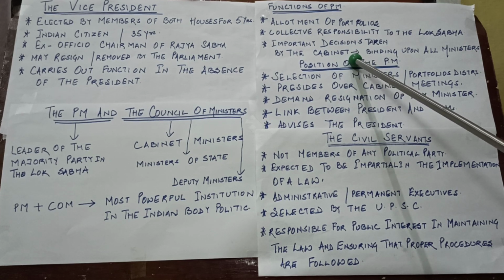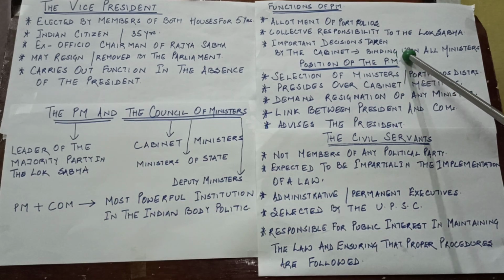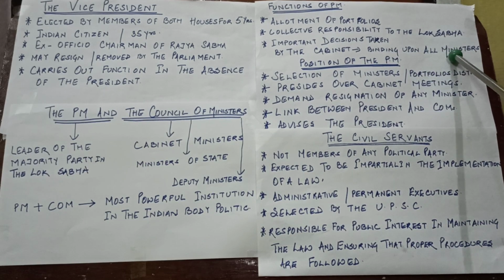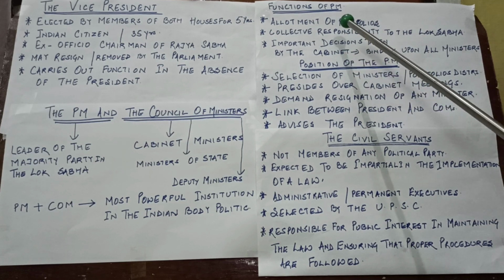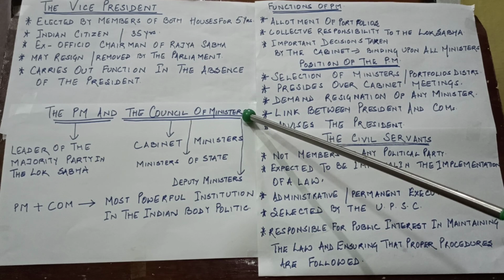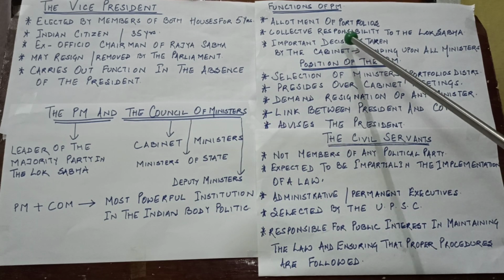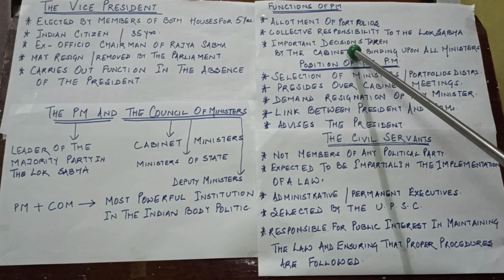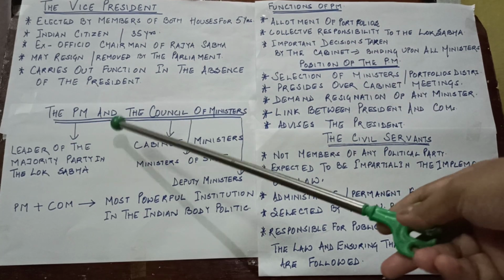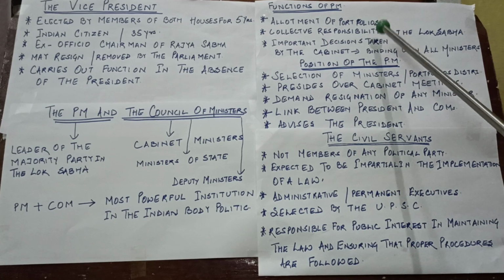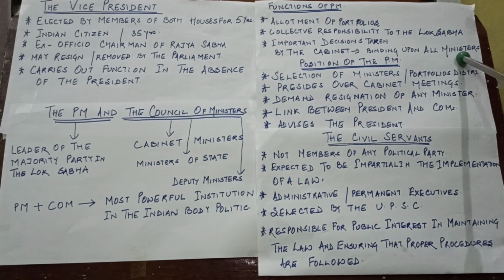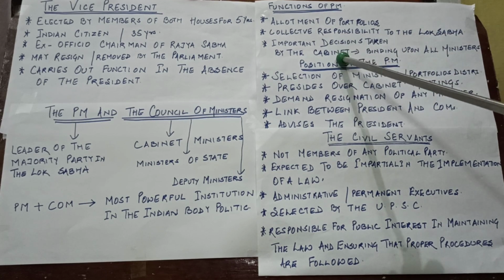The decisions of the cabinet are binding upon all the other ministers, the cabinet being the most important part of the Council of Ministers. This is the reason why whatever decisions are taken by the cabinet under the leadership of the Prime Minister, the other ministers have to abide by those decisions.